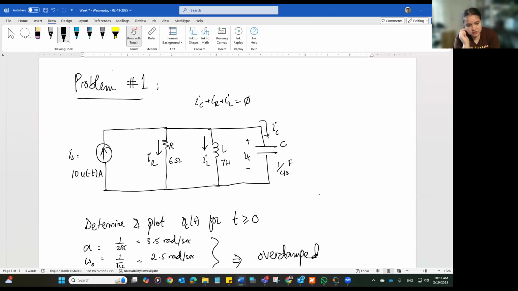So could we just use that IC plus IR plus IL? We already used that. My question is now, what will be the IR equation from this circuit?